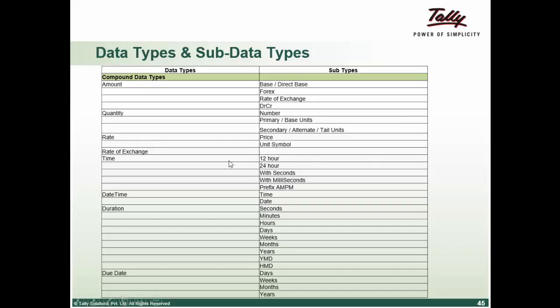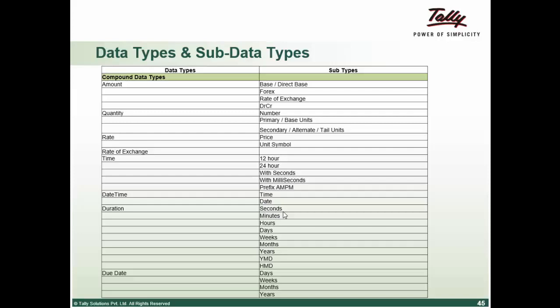Then we have a data type called time, which can be 12-hour, 24-hour, with seconds, without seconds, prefix AM, PM. Then we have date and time, which can return time or only date. Then we have duration, which can be returned in seconds, hours, days, weeks, months, years.